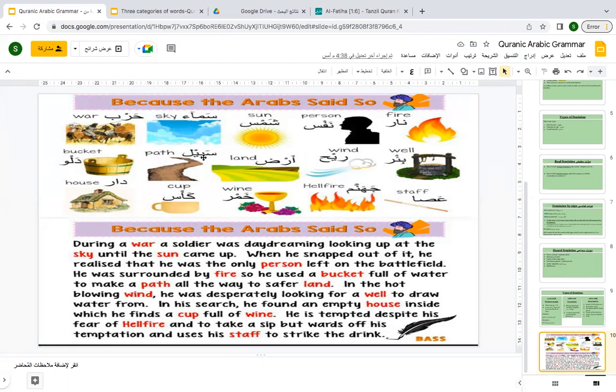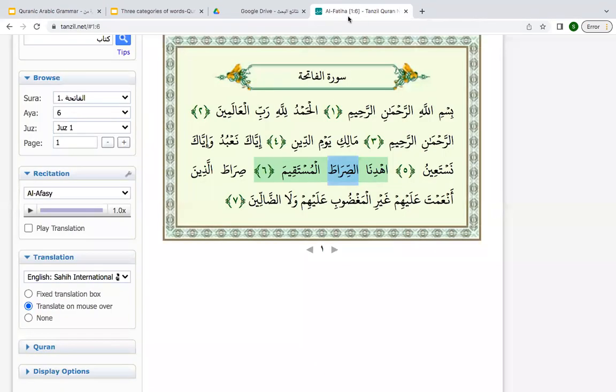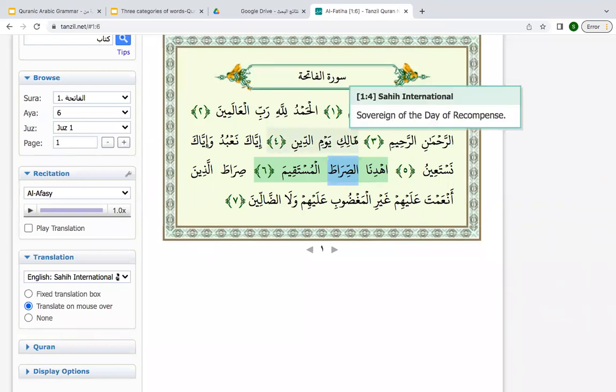Okay, so bait is not going to be the same as dar. They will be treated differently. Bait is treated as masculine in Arabic. Okay, فَلْيَعْبُدُوا رَبَّ هَذَا الْبَيْتِ. So it is a masculine word. Same way, as-sirat is going to be masculine. Yes, sabil is going to be feminine, as-sirat is going to be masculine.